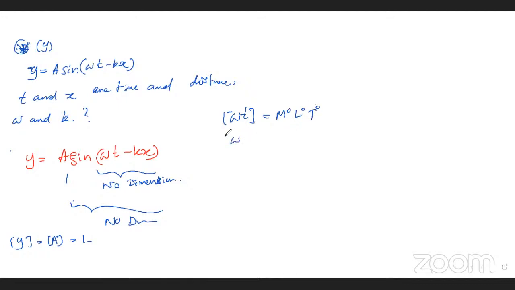It means the dimensions of omega equal M^0 L^0 T^0 divided by the dimension of t, which is T. So the dimensions of omega is T^-1.